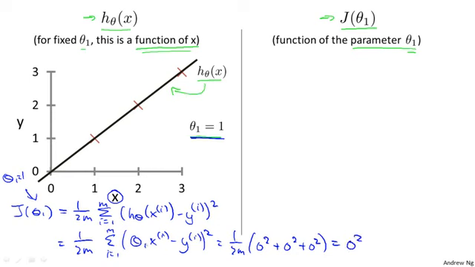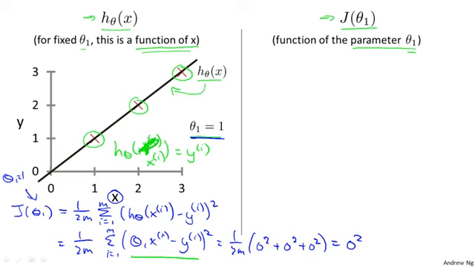Now, inside the cost function, each of these terms here is equal to 0 because, for the specific training sets I have, where my 3 training examples are at (1, 1), (2, 2), (3, 3), if theta 1 is equal to 1, then h of xi is equal to yi exactly.